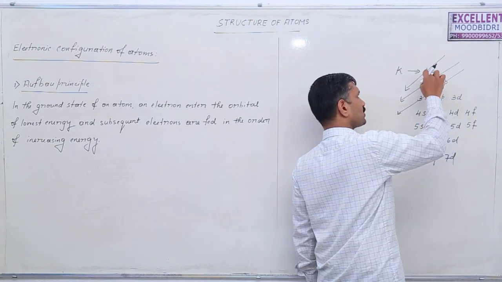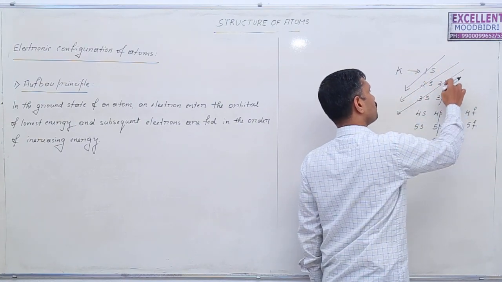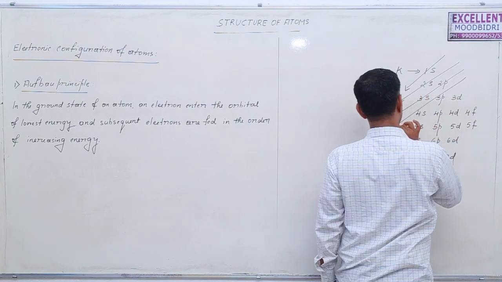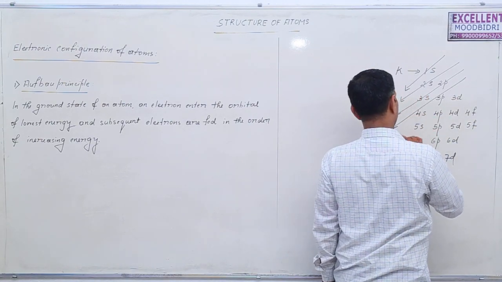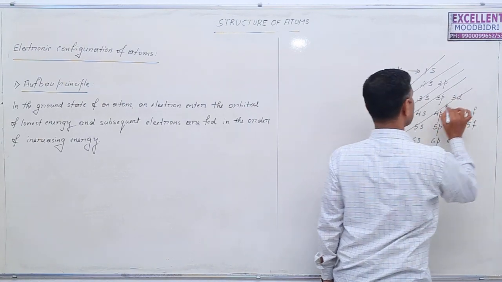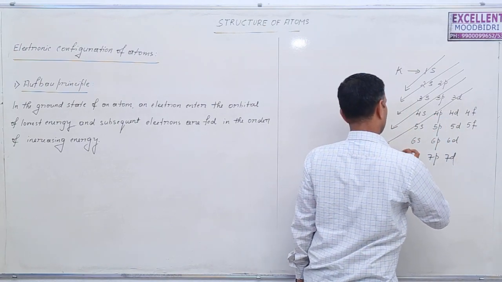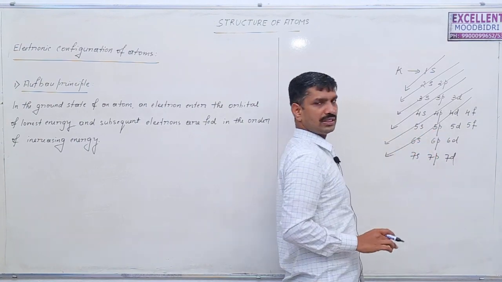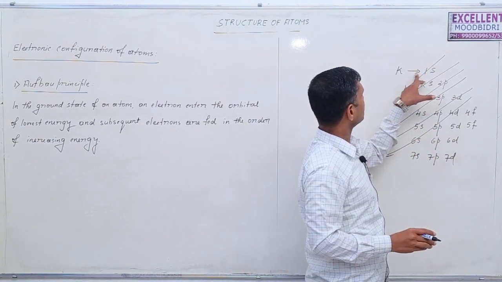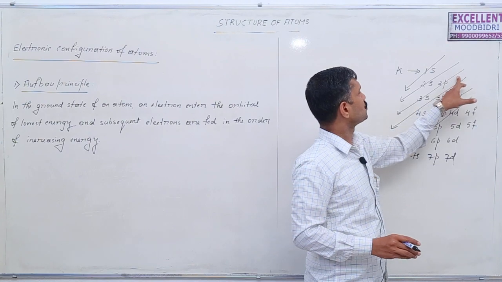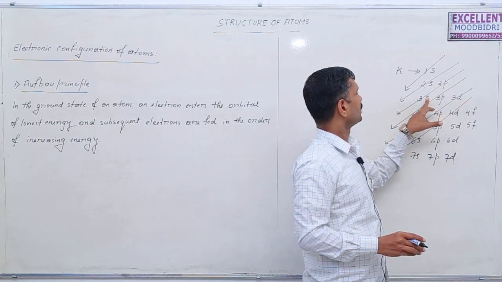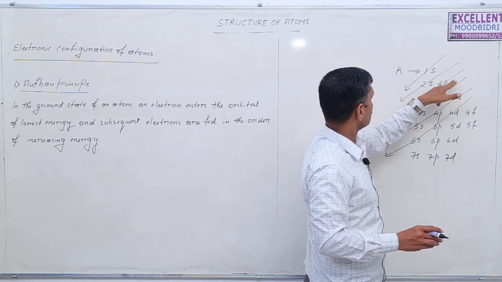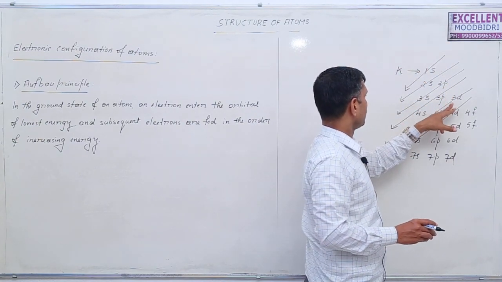So the electron first enters the 1s, next 2s, next 2p, next 3s, next 3p, then go for the 4s, next the electron enters the 3d, 4p, 5s, next the electron enters the 4d, 5p, 6s. This rule is followed here: first 1s, next 2s, next 2p, 3s, then 3p, 4s, next 3d, 4s.